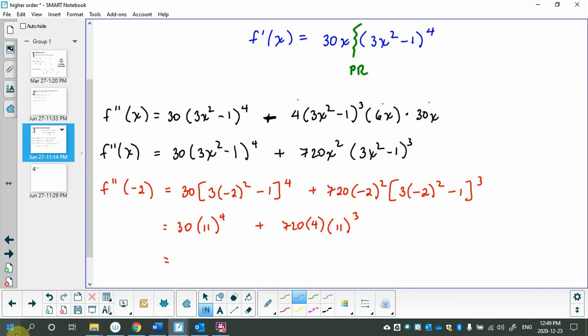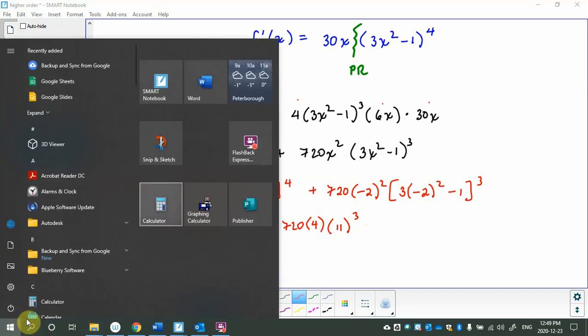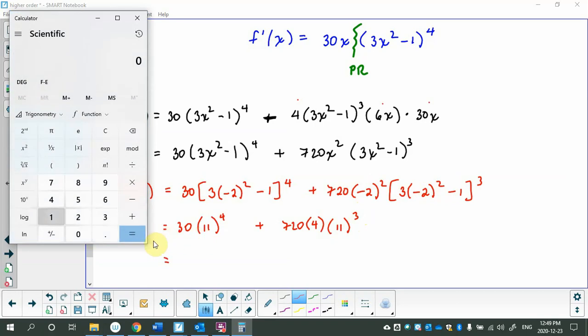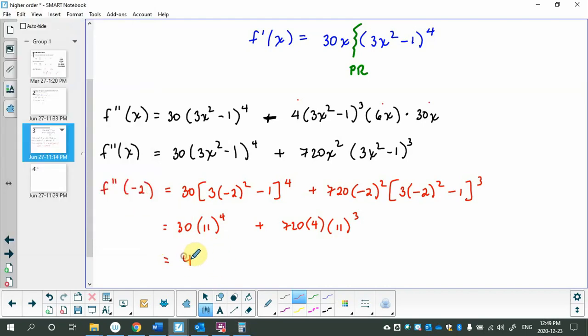So I'm going to let my calculator do the work here. 11 to the exponent 4 equals a giant number times the 30 out front, 439,230.